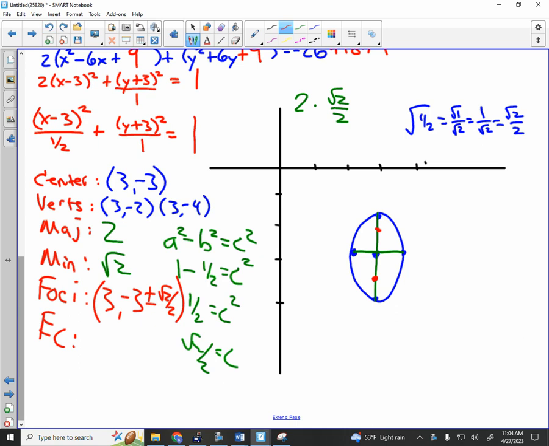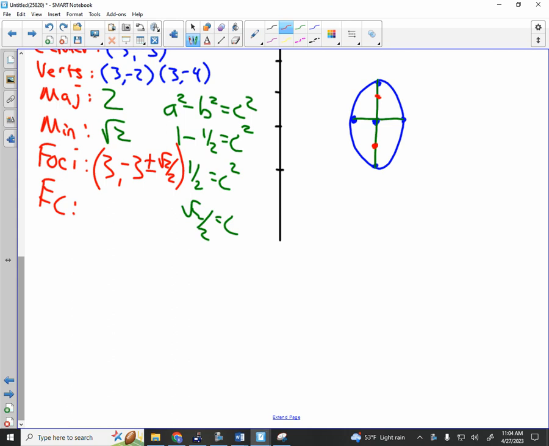And then how do we determine eccentricity? C divided by A. What is C? Divided by what's A? 1. So you get the root of 2 over 2, don't you?